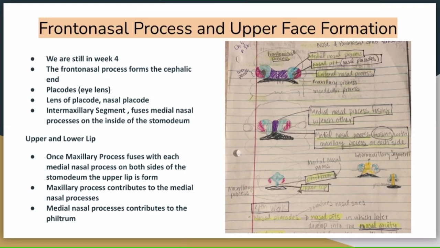We have the upper and lower lip. The upper lip is formed once the maxillary process fuses with the medial nasal process on both sides of the stomodeum. The maxillary process contributes to the medial nasal process, and the medial nasal process contributes to the philtrum.